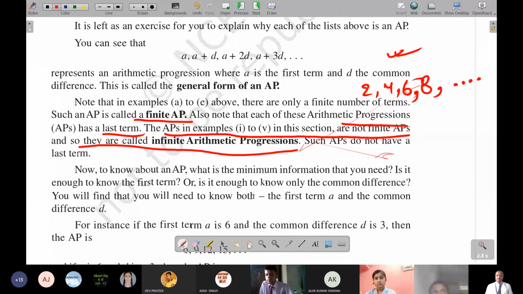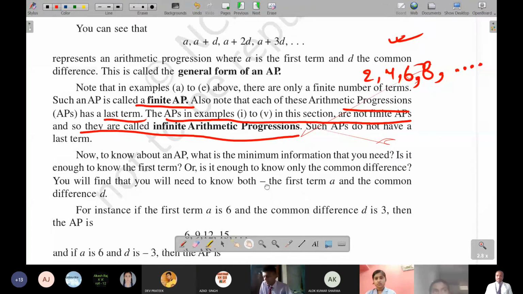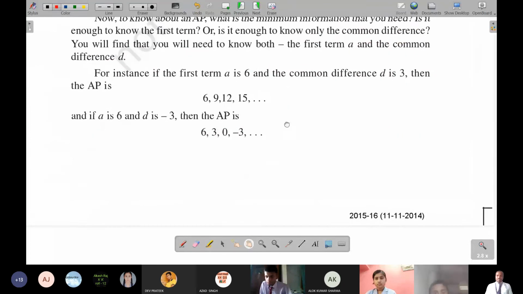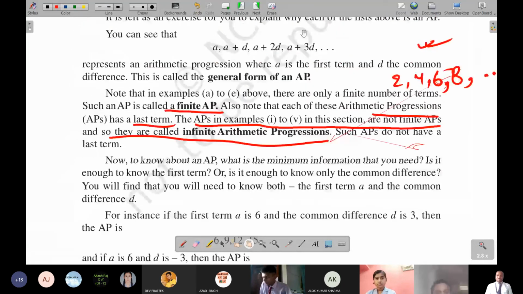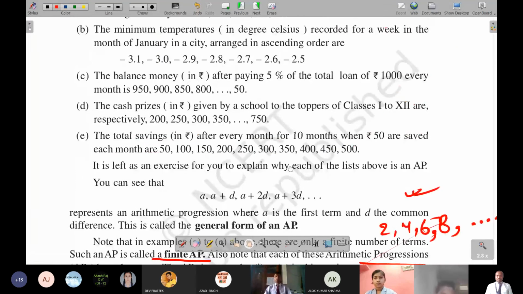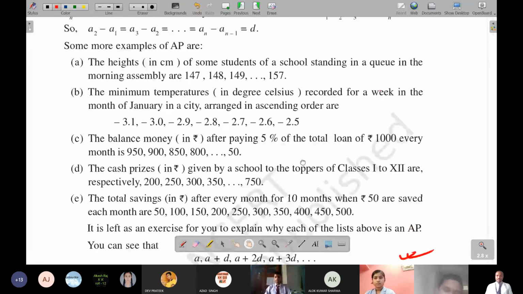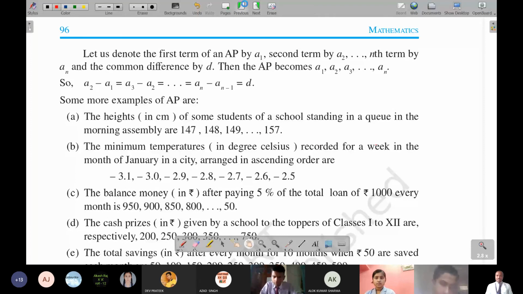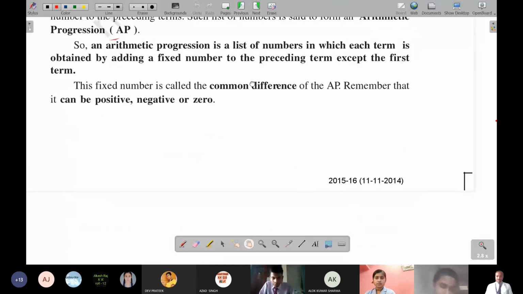Where it is showing 1 to 5, I think just below it, numbering has not been done here. At the top, if you see, of course the last term has been given in A to E. 1 to 5, on the previous page, where it says 1 to 5.